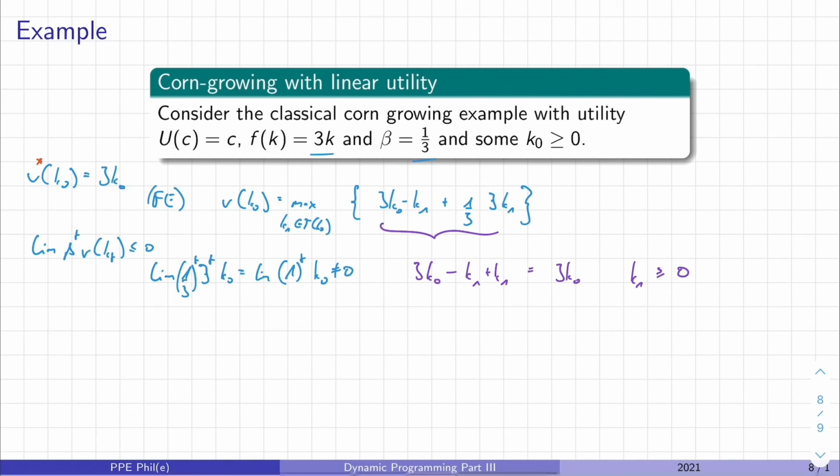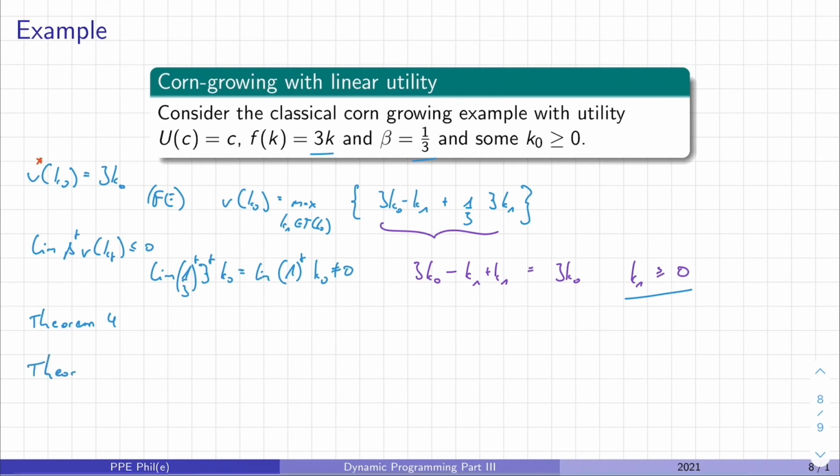Well, we have theorem 4, but we know that theorem 4 holds for any value k1 which is greater or equal to 0. But is there maybe a little bit more we can say about what constitutes an optimal policy?